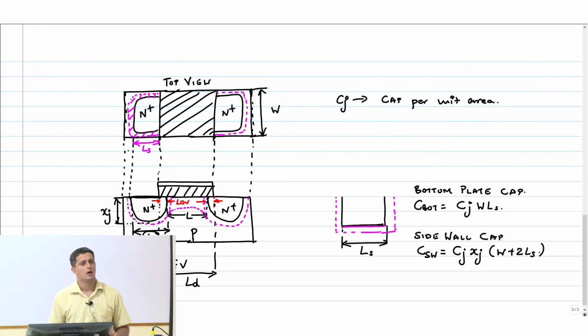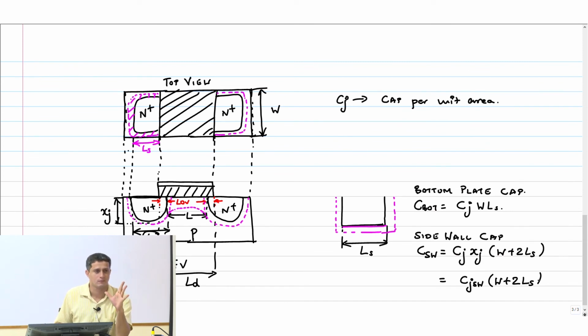Now Xj is also a technology constant, right? Therefore, I am simply going to write this as Cjsw, side wall, into W plus 2Ls. Both these components are not dependent on the channel length, quite evidently, because that dimension does not even come into the picture here.